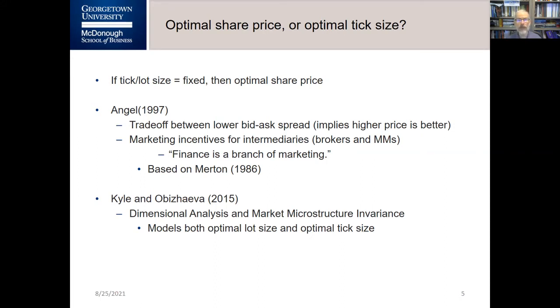So what I did was I mangled Merton's presidential address model and came up with a little model. Later on, Pete Kyle and Anna Obizhaeva, in their dimensional analysis and market microstructure invariance paper, modeled both the optimal lot size and the optimal tick size. Very elegant paper, but they have these scaling factors involved.